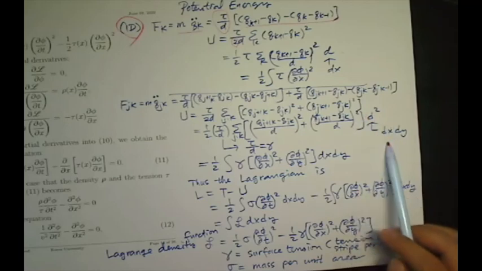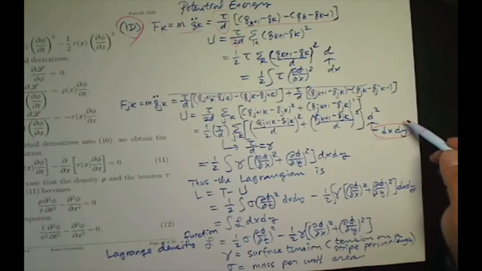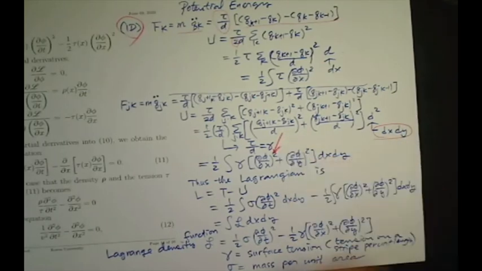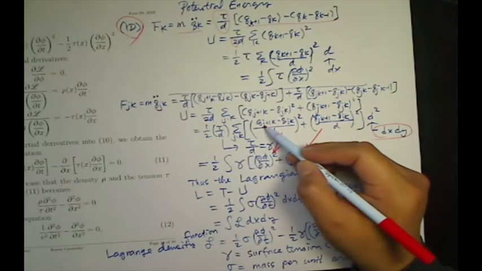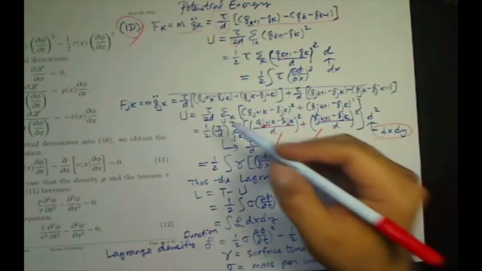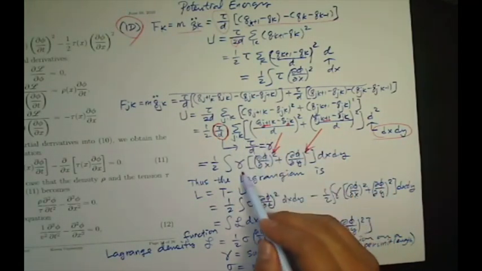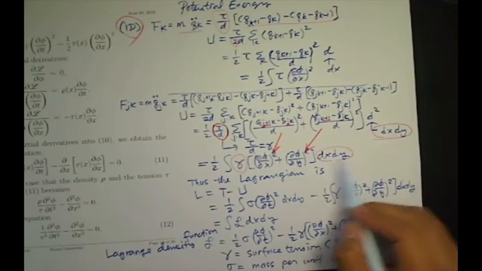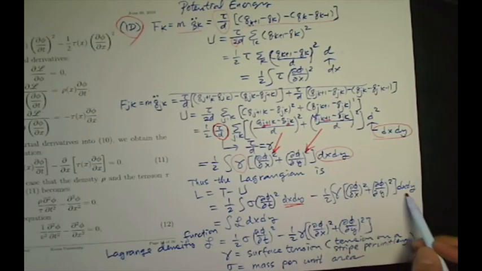That d squared is an infinitesimal area element. Therefore, this one is x derivative squared, and this is a y derivative squared. You know, this is the x coordinate difference and this is the y coordinate difference. And then tension divided by the spacing is to be replaced with the surface tension and the area dx dy integral. Thus, the Lagrangian is kinetic energy subtracted by the potential energy, and that is an integral over dx and dy.